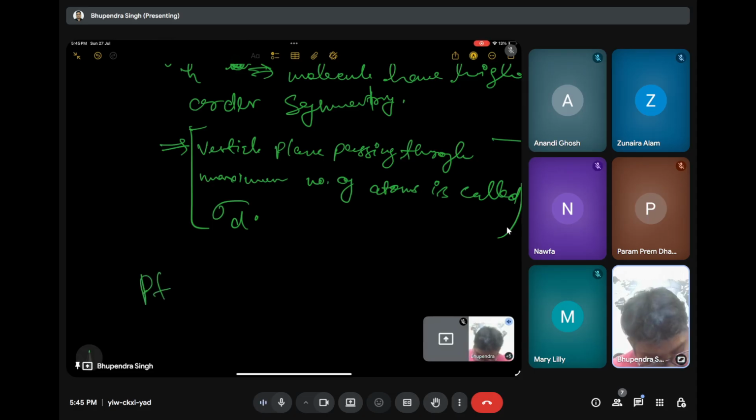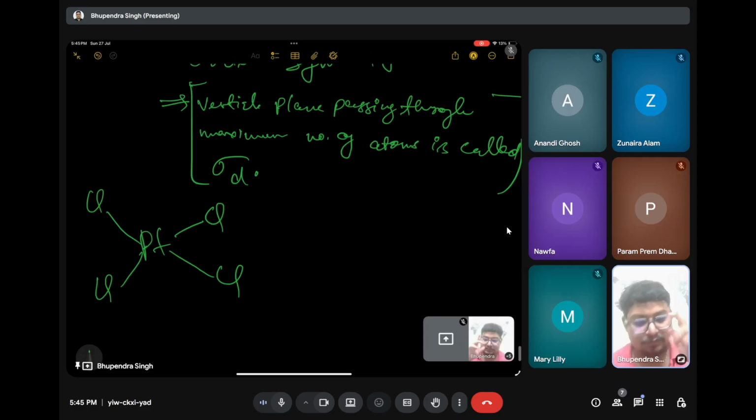See, PtCl4. I told you if a plane is passing like this, it will contain only platinum, Pt.